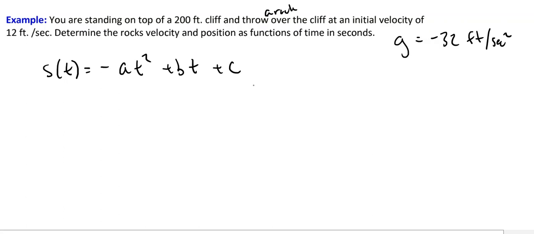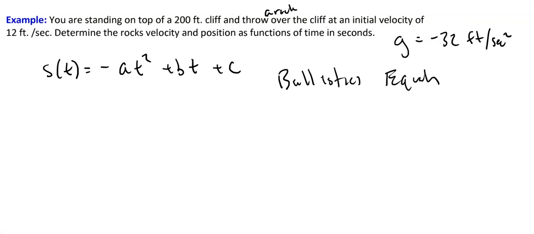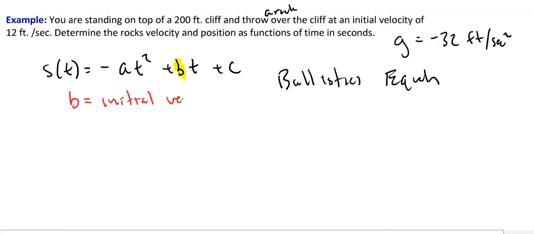Now, in this ballistics equation, this value right here, the b, is the initial velocity. And this value right here, c, is the starting initial position.